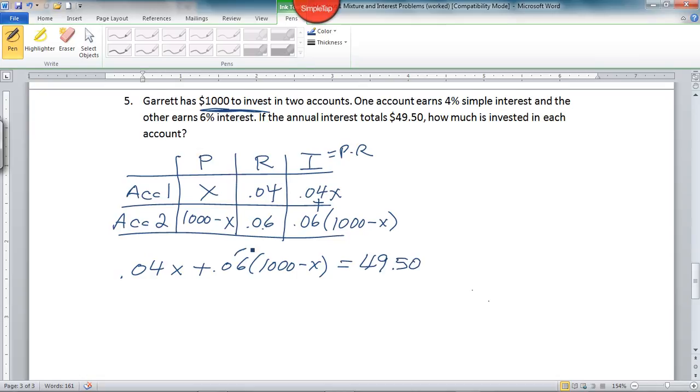All right, well, that's going to mean on the left, got to distribute the 0.06. This 0.04x stays the same. 0.06 times 1,000, well, that's going to give you 60. 0.06 times negative x, that's negative 0.06x, and that equals then the 49.50.